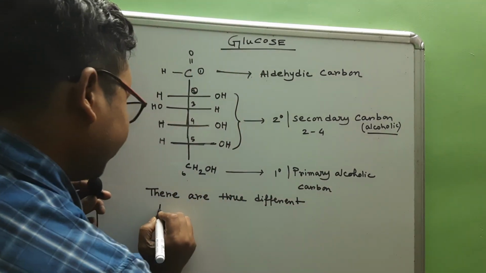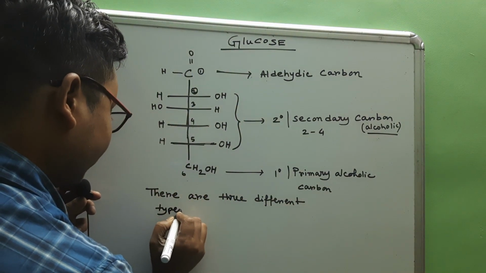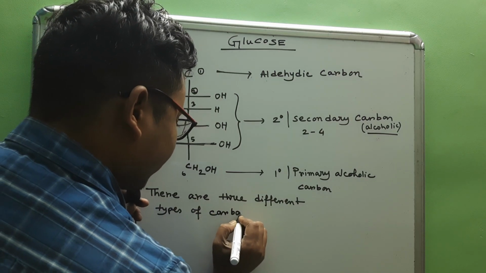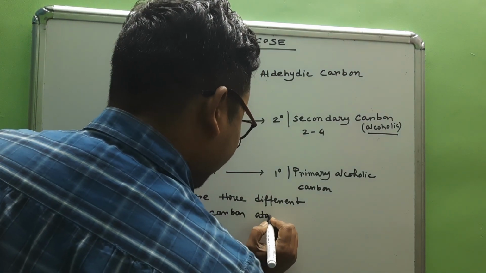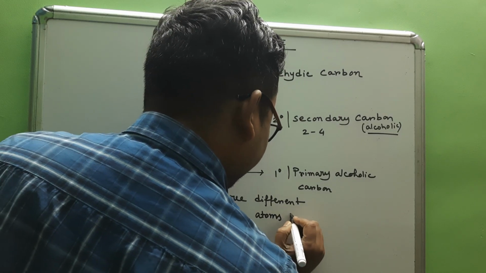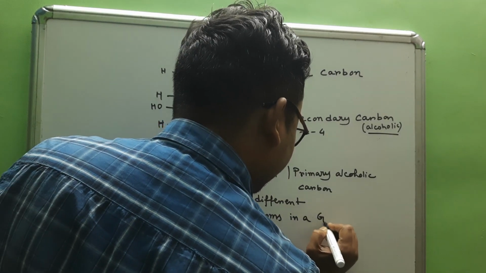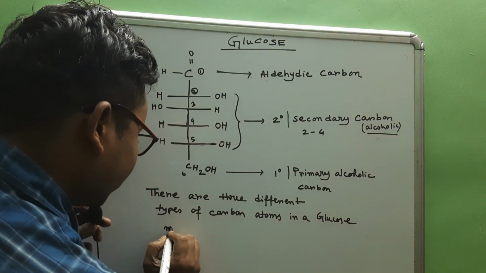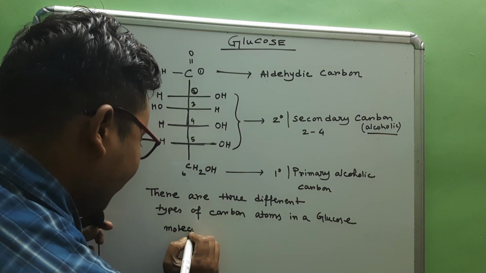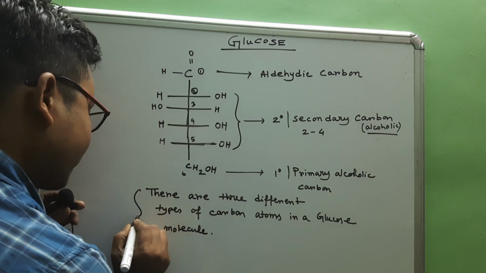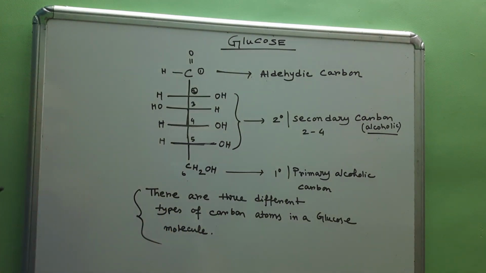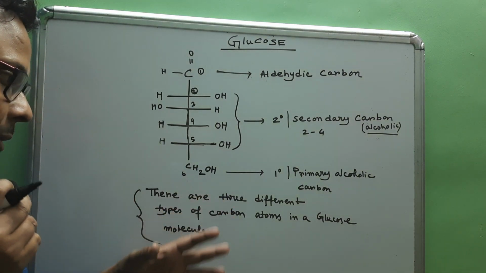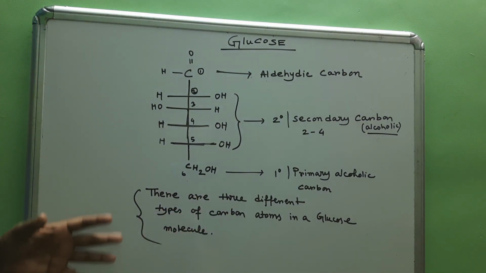Very often this question is asked in your exams, in different competitive exams: what are the types of carbon atom present in a glucose molecule?